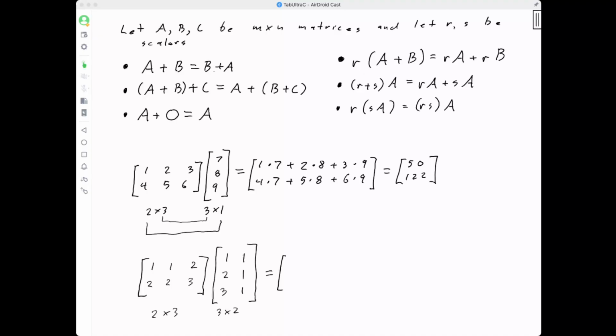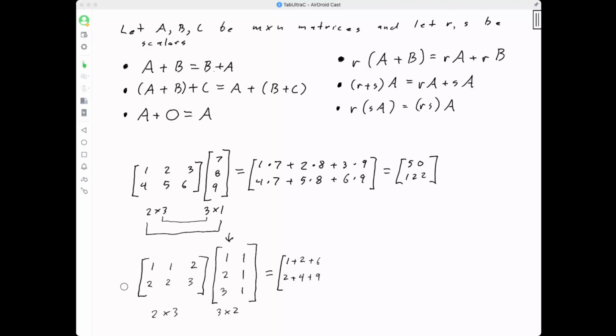matrix times the first column vector, which gives me, remember, you go across the matrix and down the vector. So we're going to be working with first the top row and the first column to get 1 times 1 is 1, plus 1 times 2 is 2, plus 2 times 3 is 6. And then we go to the second row, and we get 2 times 1 is 2, plus 2 times 2 is 4, plus 3 times 3 is 9.